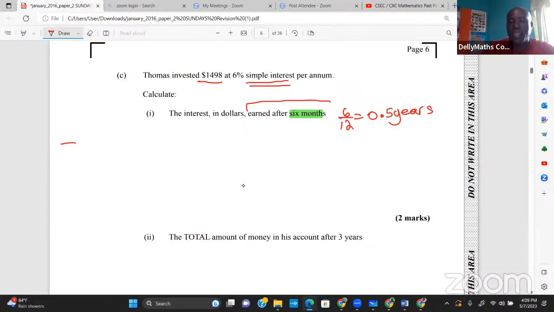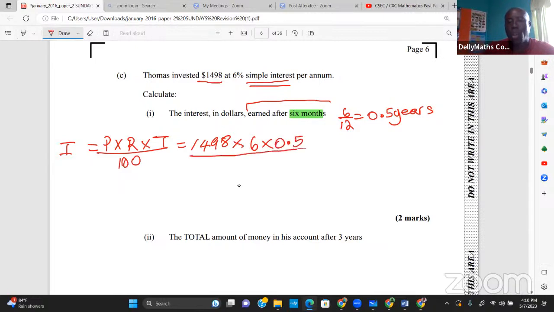Now, the formula for interest says interest is equal to your principal times your rate times your time, all of this over 100. So you could simply substitute principal 1498 times the rate, which is 6, times the time, which is 0.5, all over 100.